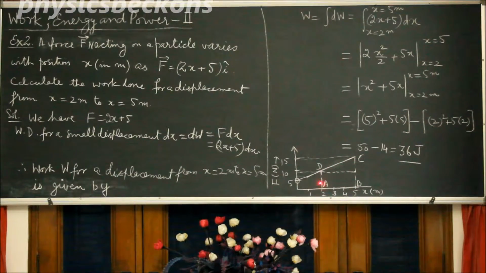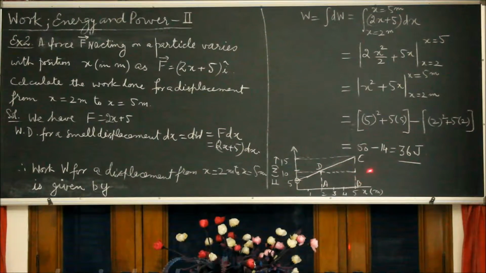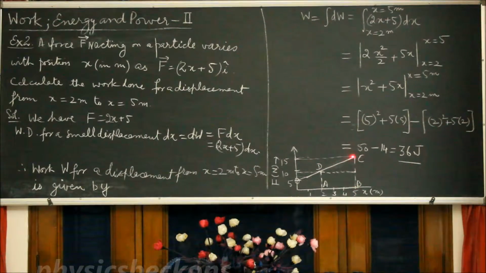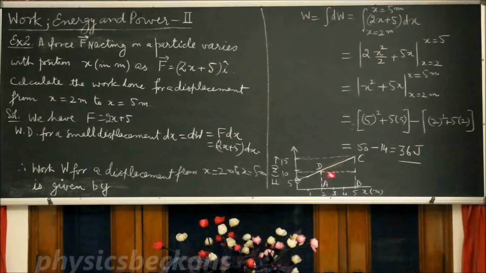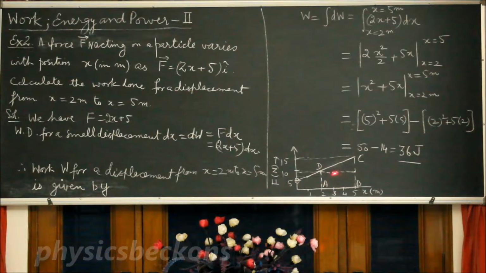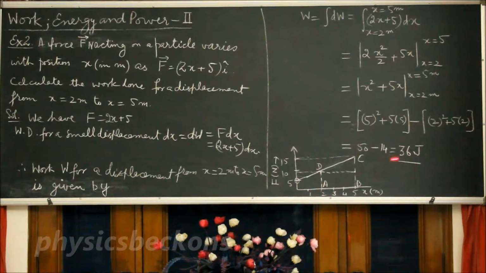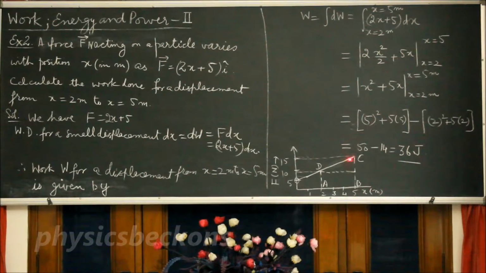For x equal to 2, you can calculate F from the graph, which will come out to be 9, and for x equal to 5 meter, again you can get the value of the force from the graph. By finding out the area of this trapezium, you can get the work and verify that you get the same result as you get by the integration method.